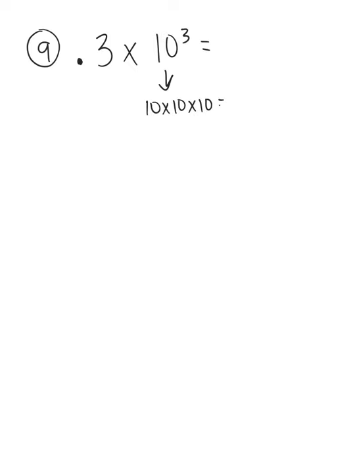All right, let's look at number 9. Number 9 is 3 tenths times 10 to the third power. Okay, and 10 to the third power is the same thing as 10 times 10 times 10. All right, so I am going to move it not only by 1 power of 10, but 2 and 3 powers of 10. All right, so look, it's 3 tenths.